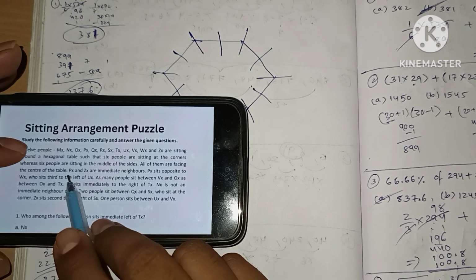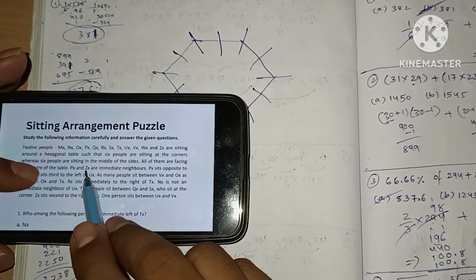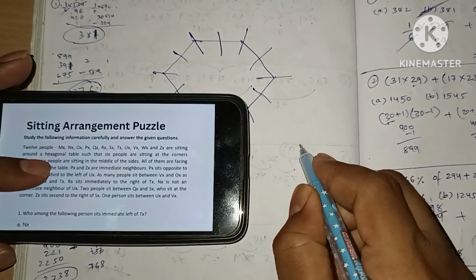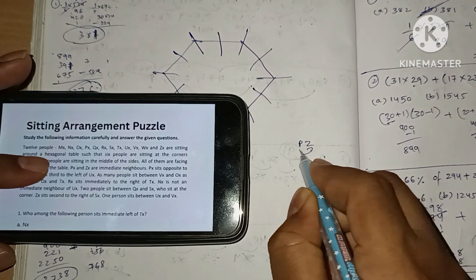Let's see the statements. P and Z are immediate neighbors.